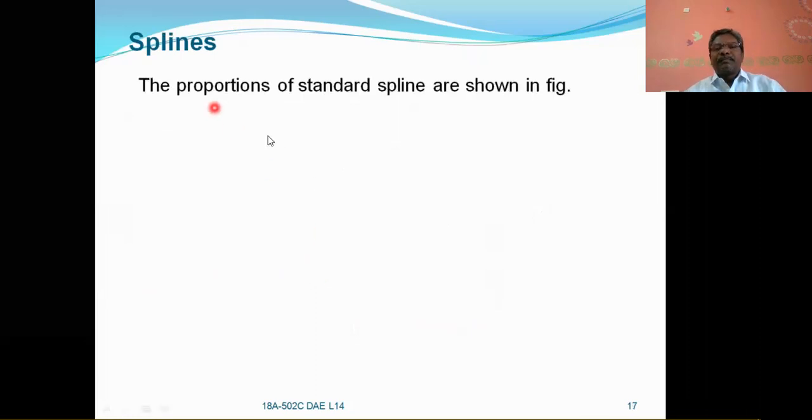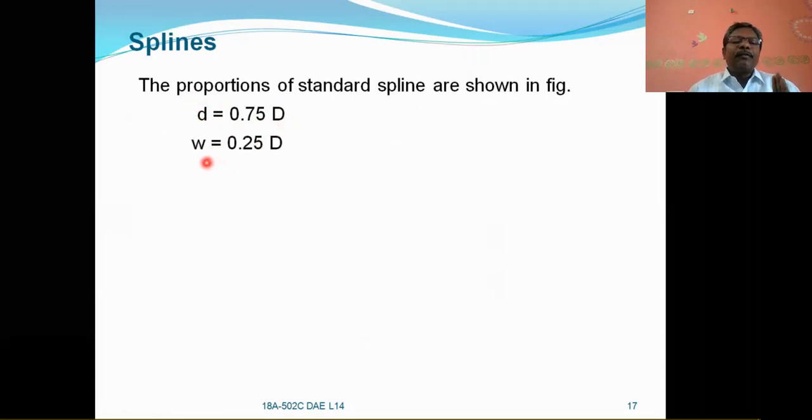Let us see the proportions of this spline shaft. Small d is the internal diameter of the shaft, which is equal to 0.75 D, and capital D is the outside diameter of the shaft.